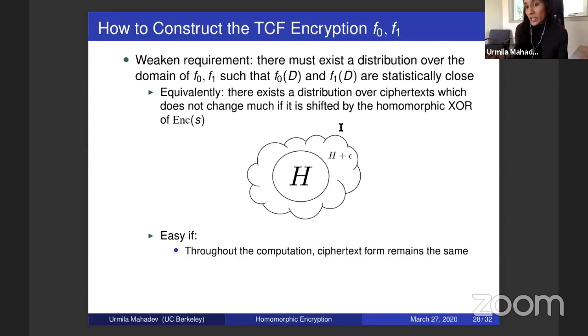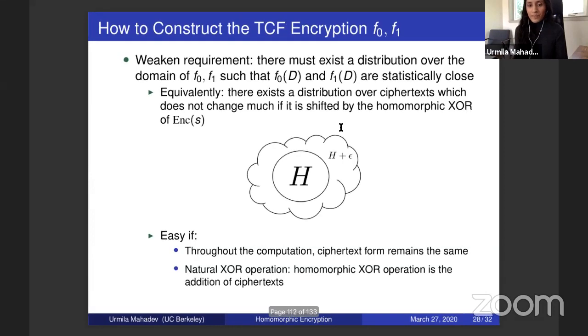The noise might change and grow in different ways, but the rough form of just having something from this subgroup H perturbed by noise remains the same. So this is something that I'll call the ciphertext form requirement. And the next thing that I would like is that the homomorphic XOR operation is natural, in the sense that the homomorphic XOR is just adding ciphertext.